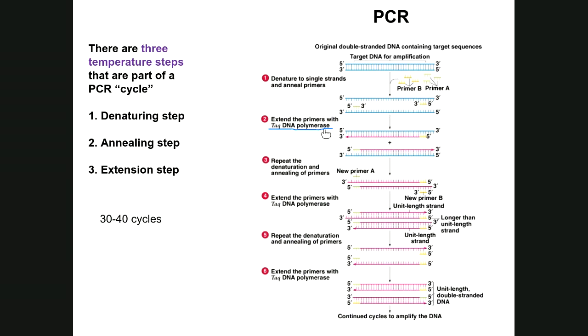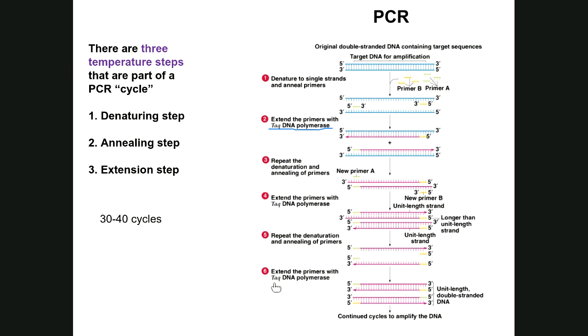There are many Taq DNA polymerases, a group of them. One will grab onto the primer on this target single strand, and one will grab onto the primer on the other target single strand, and they will replicate, which they're showing you here in pink.